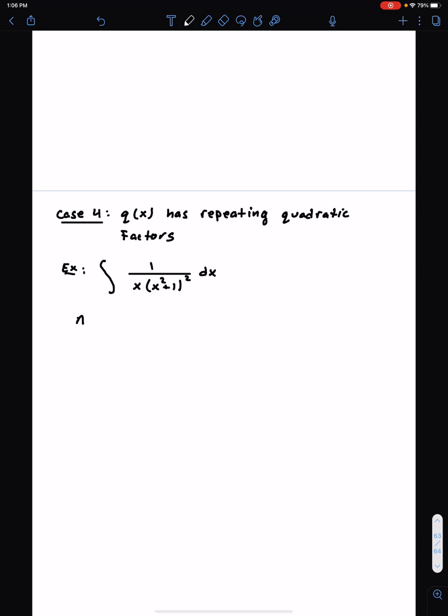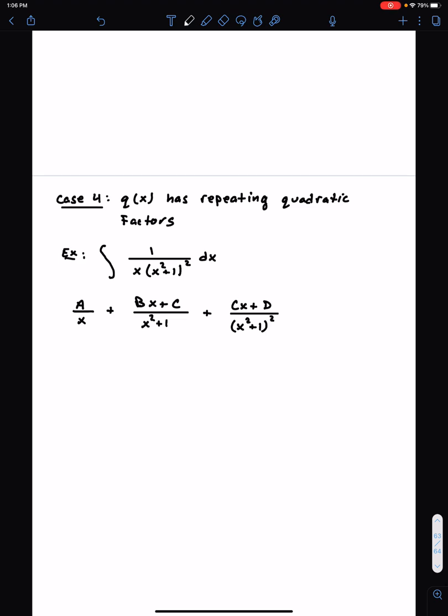So the partial fraction decomposition would be a over x plus bx plus c divided by x squared plus 1 plus cx plus d divided by x squared plus 1 quantity squared equals 1 over x times x squared plus 1 quantity squared.